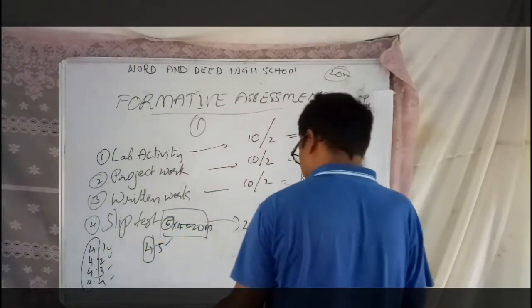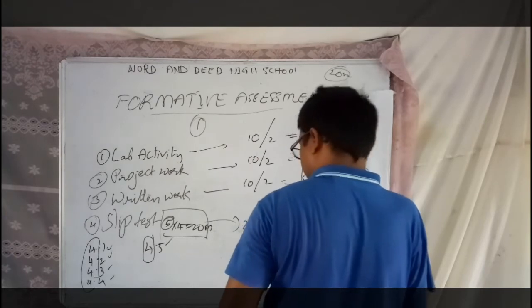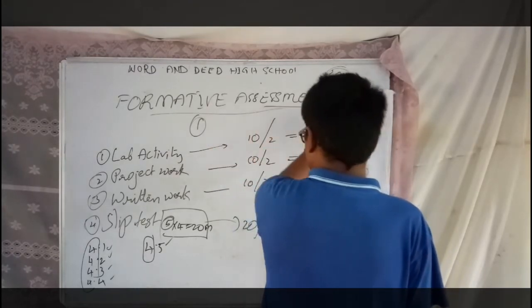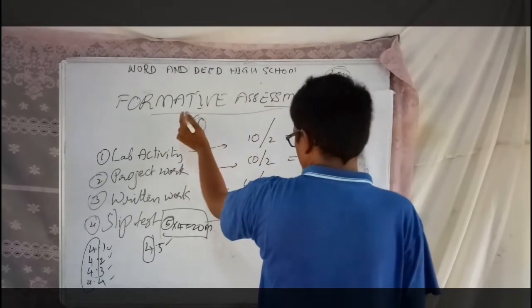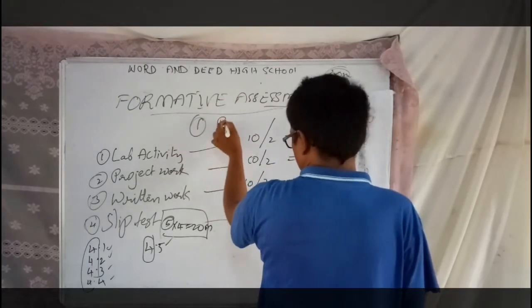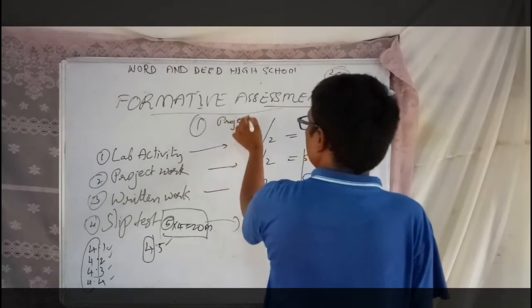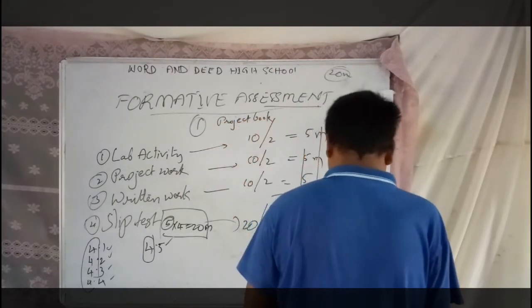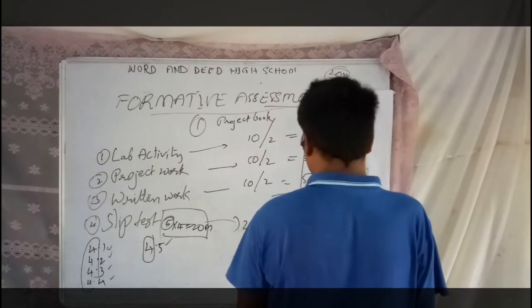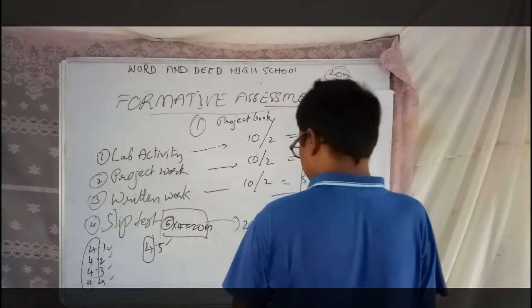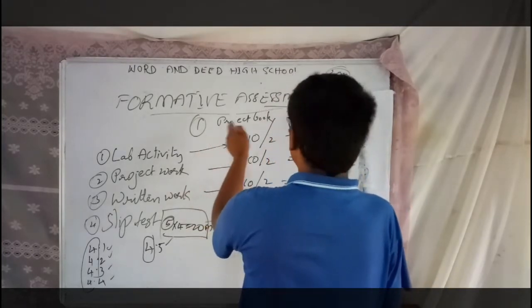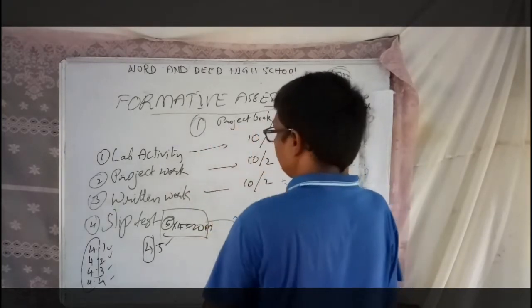While you are writing answers in your formative assessment notebook, that is project book, formative assessment is written where? In project book only, right? Project book, one side rule project book, that which is about 100 pages. Okay students, formative assessment 1, that should be written in project book.